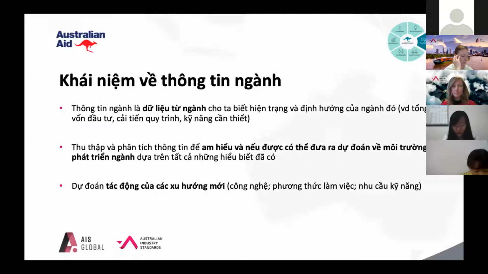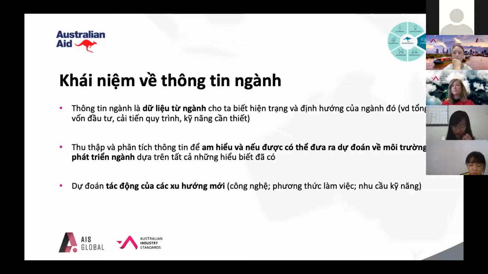We can also use it to look at trends. As we develop a good industry intelligence model and we repeat and replicate our processes of data collection over time, we'll start to be able to identify trends.